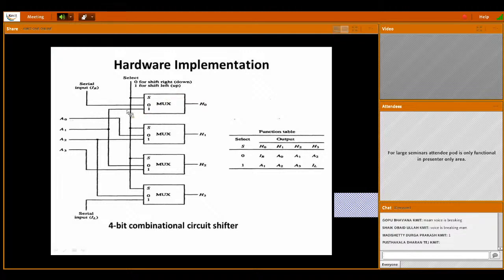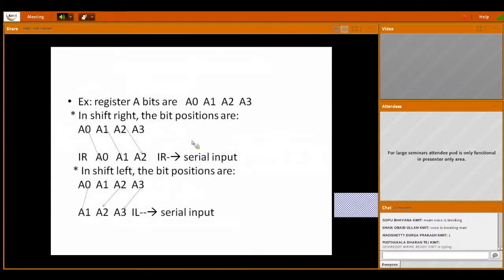So each multiplexer is given 2 inputs and 1 selection line, and it will produce 1 output. We'll see what inputs are to be given to the multiplexer. Let us see one example. Here I am considering a register A, which has 4 bits from A0 to A3.